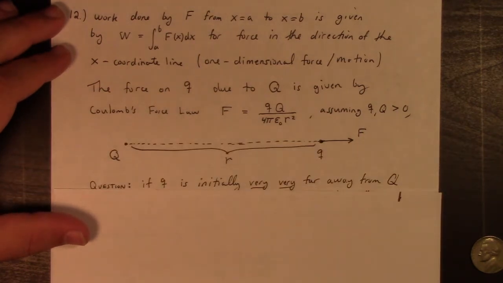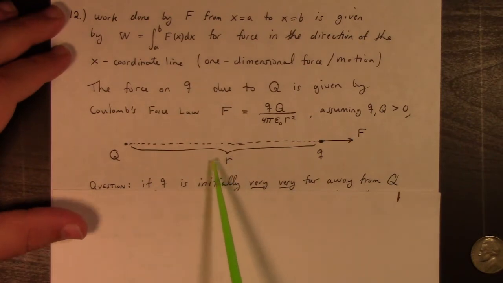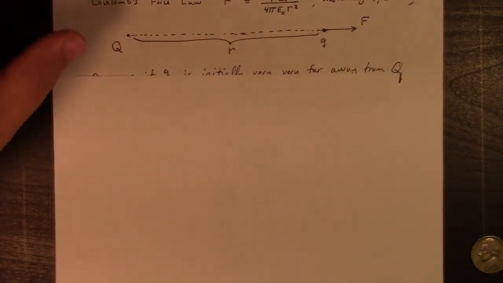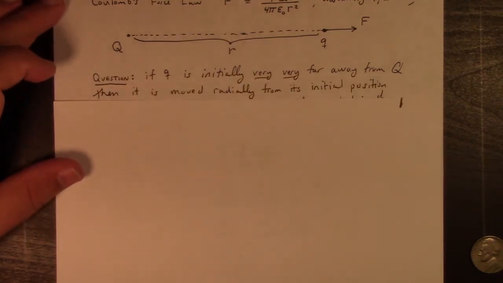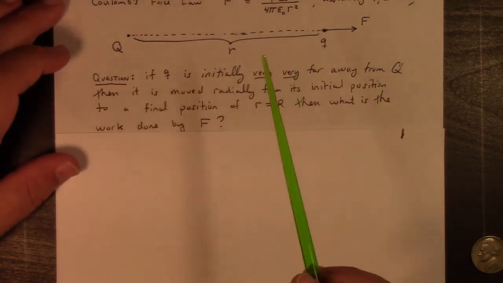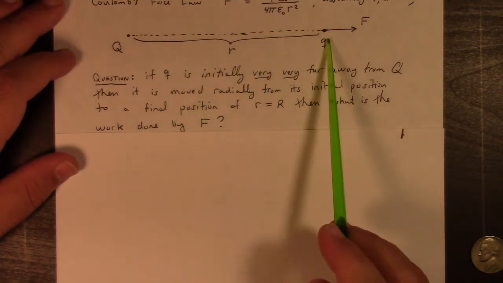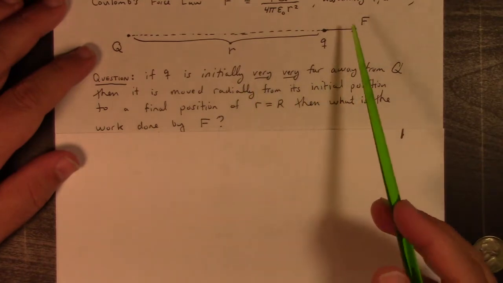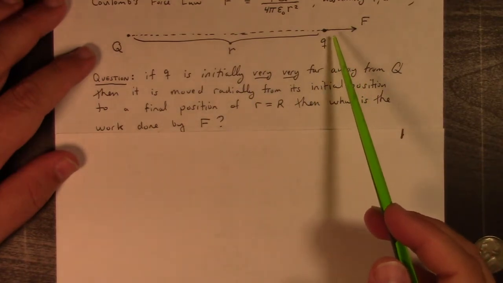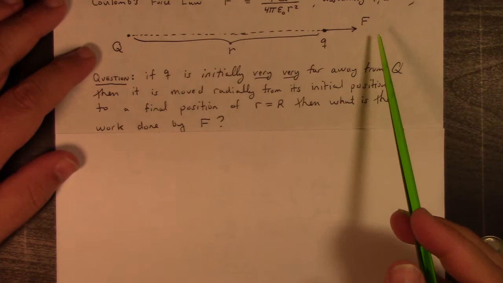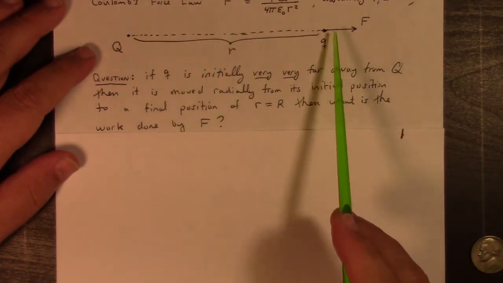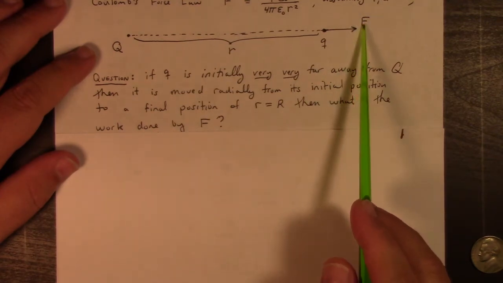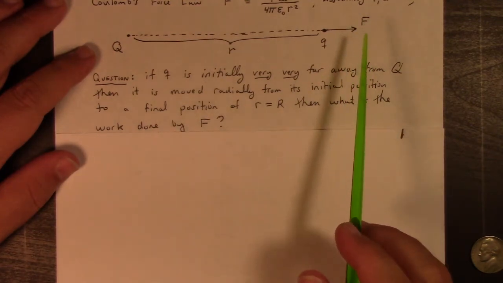Here's a picture. And I'll explain what the calculation is as we go on here. I can't fit it all on the same screen at once. So suppose that this charge q is initially very, very far away from big Q, and then it's moved radially in from its initial position to a final position of r equals R from Q. Then the question is, what's the work done by the Coulomb force, right?